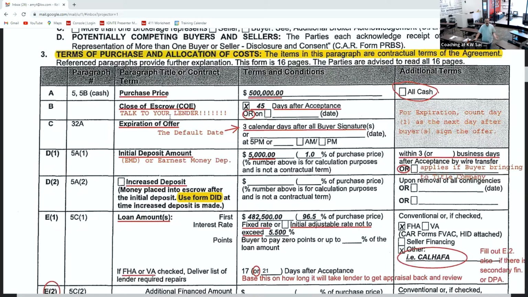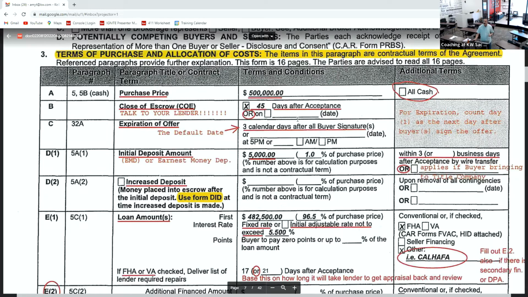If you're using down payment assistance through, say, SAC housing and redevelopment, that time scale might be quite a bit longer than it would be if you're just doing a straight FHA loan with your favorite lender. So talk to your agent and get confirmation from them how long they're going to need to close this, and that will be how you determine what to put in here.